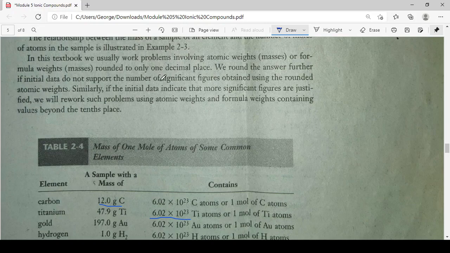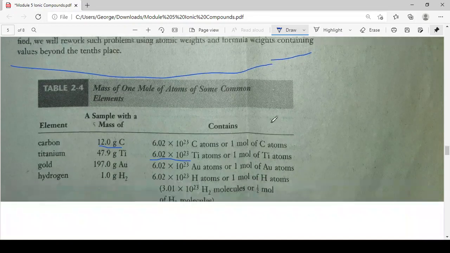Again, if they are not supported, the significant figures are rounded off to match what we obtain using the rounded atomic weight. Similarly, if the initial data indicate that more significant figures are justified, we will rework such problems using atomic weights and formula weights containing values beyond the tenth place. I will give instructions for every question that has a particular pattern for rounding off.